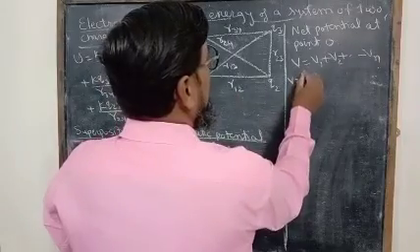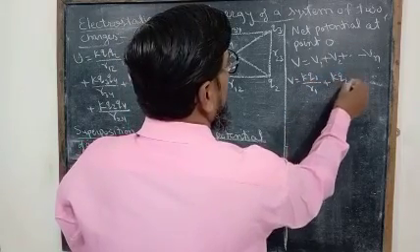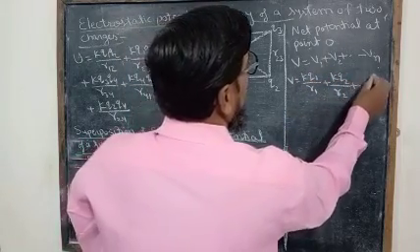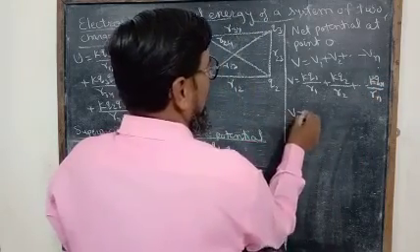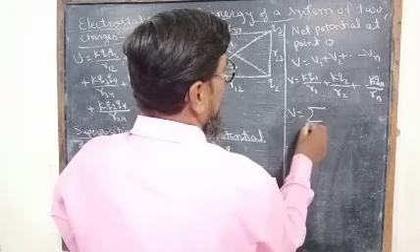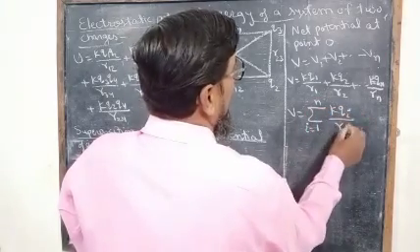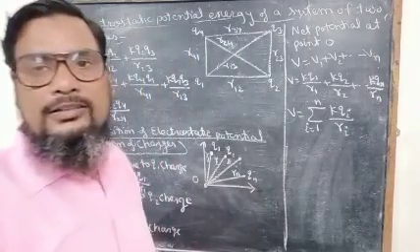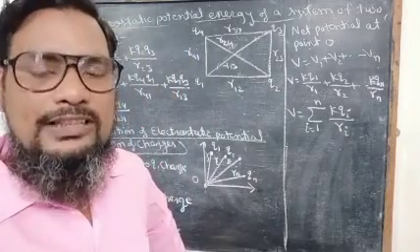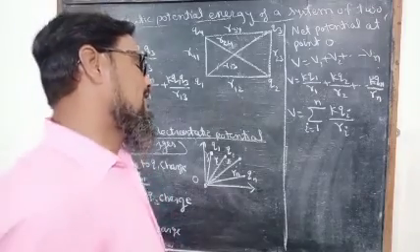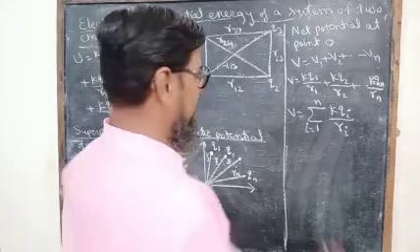So V is equal to Kq1 upon R1 plus Kq2 upon R2 plus and so on up to Kqn upon Rn, or V is equal to the summation from i equal to 1 to n of Kqi upon Ri. So if a point is under the influence of a number of charges, then the net potential will be the algebraic sum of all potentials.